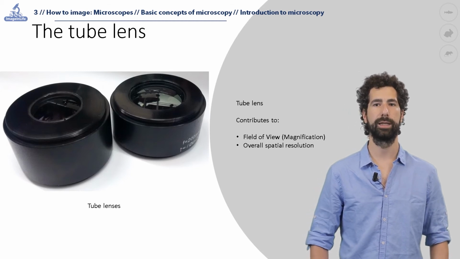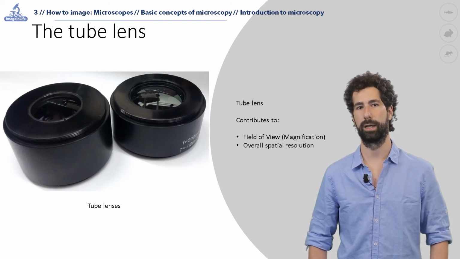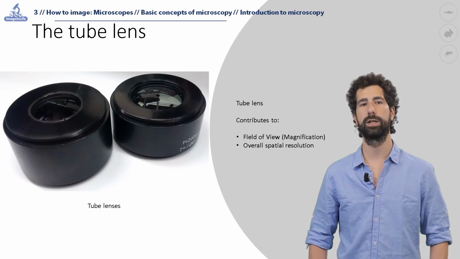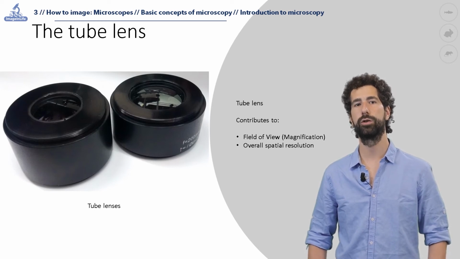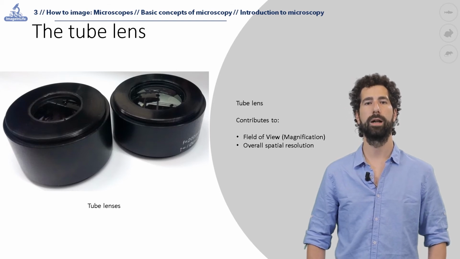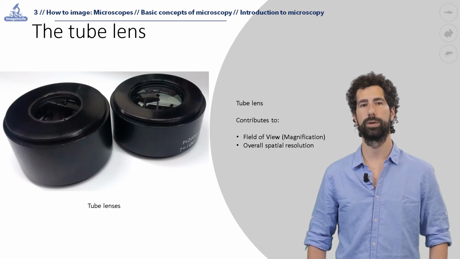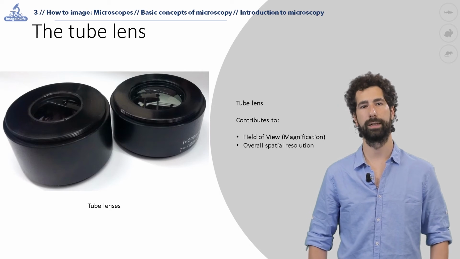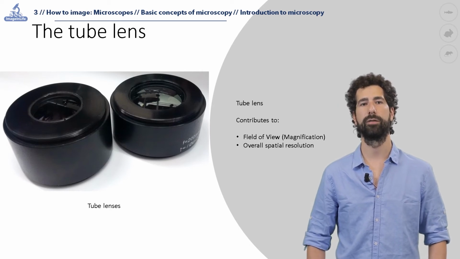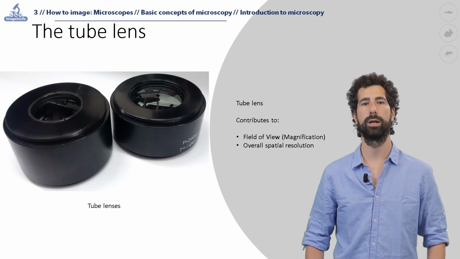Different brands of objectives use different tube lens focal lengths, and therefore the magnification specified on the objective is true only if used with the correct tube lens. This overall magnification can indirectly also contribute, in combination with the detector, to a variation of the spatial resolution with respect to the one reachable from the objective.